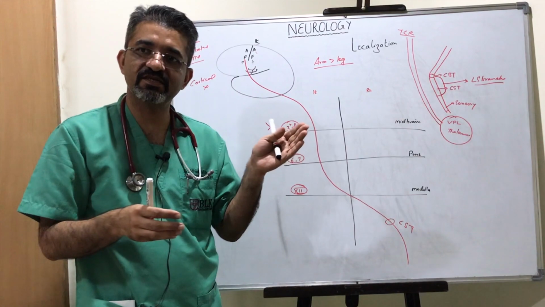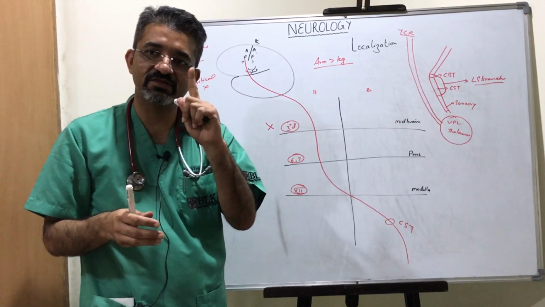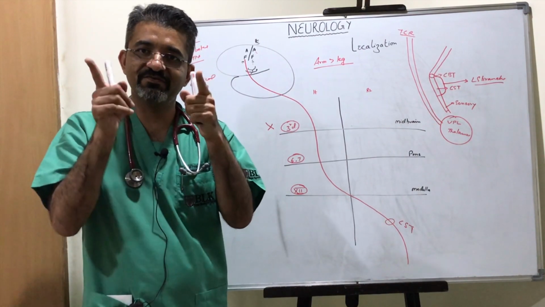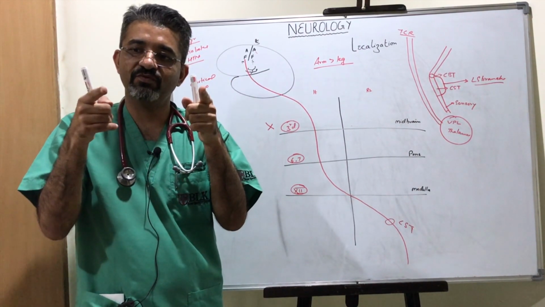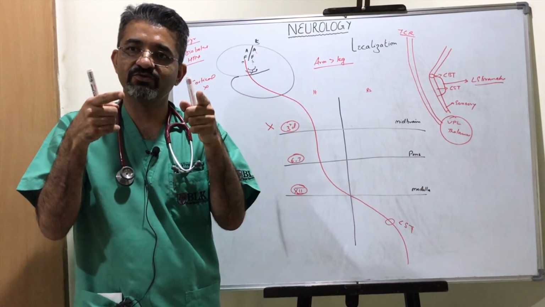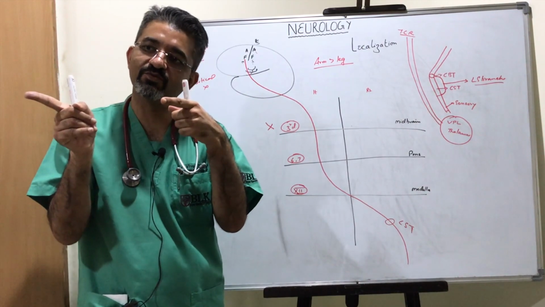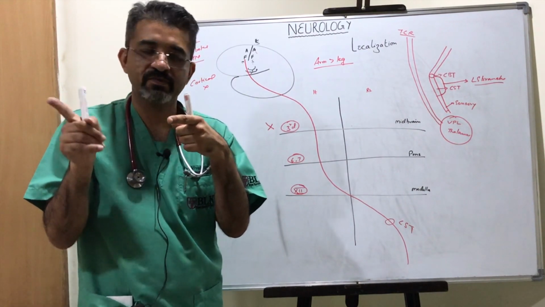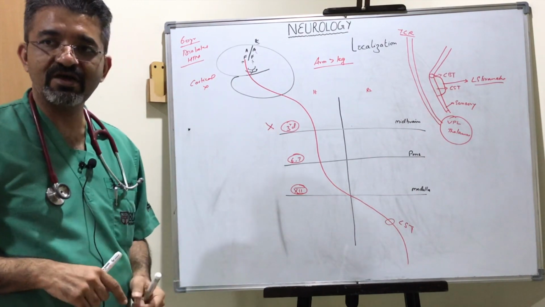Similarly, if I lose my 6th nerve nucleus on the left side, my eye cannot look towards the left. Whenever I try to move my eyes towards the left, the right eye will move, but the left eye won't, so you will have diplopia. But on the other side, it will move in a conjugate way, right? So this is the way of differentiation.